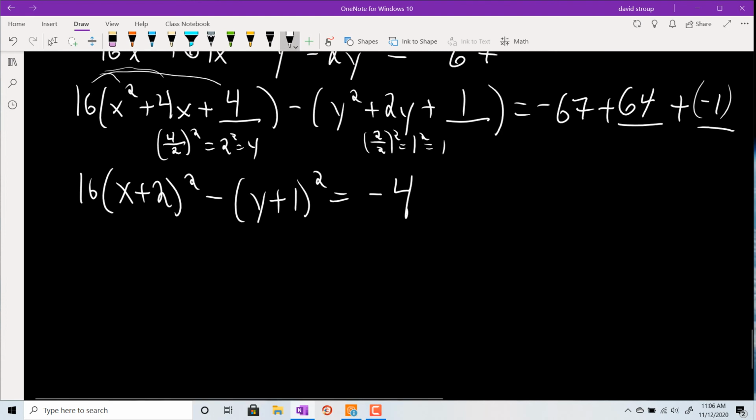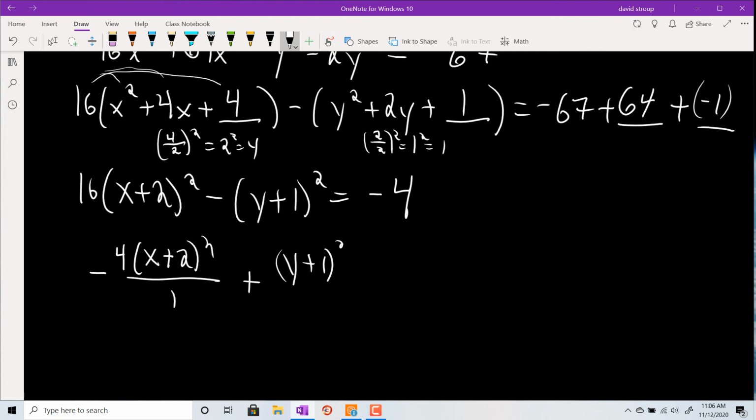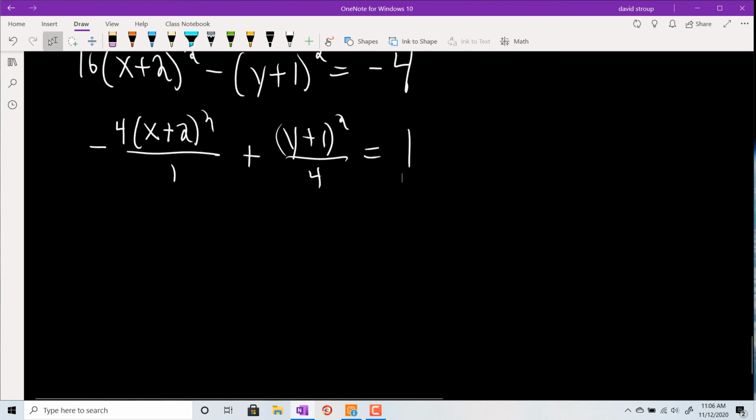We're going to want to divide everything by -4, so we'll end up with 16 over -4, which is -4, times (x plus 2) squared over 1, plus (y plus 1) squared over 4, equals 1. Then we're trying to get it into our form.